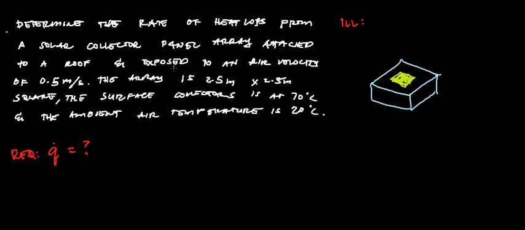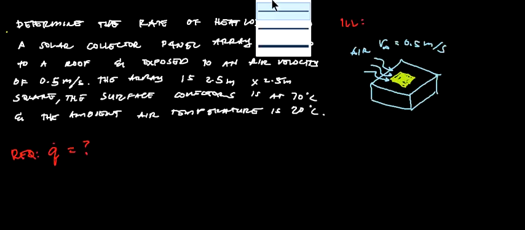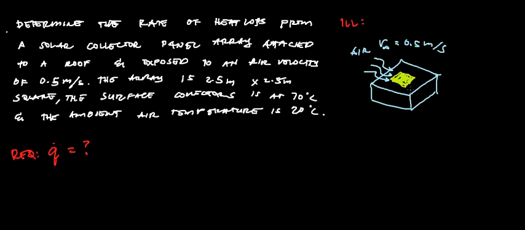This collector is exposed to an air velocity of 0.5 meter per second. Let's say the air is coming from here, and the dimension of the array is 2.5 meter by 2.5 meter. This is 2.5 and this is also 2.5.